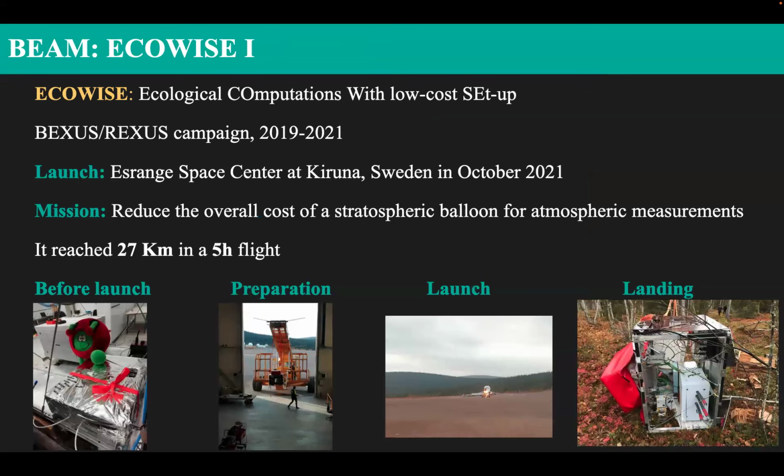Now, for the EcoGuys is called Ecological Computations with Low Cost Setup. The idea that we had for EcoGuys was to reduce the overall cost of a stratospheric balloon for atmospheric measurements.